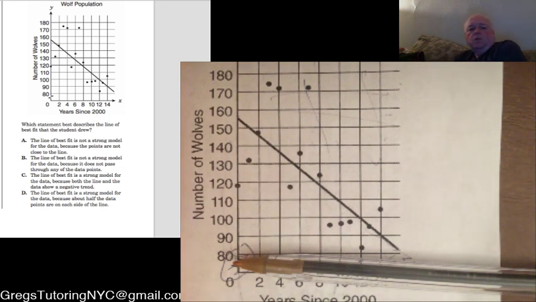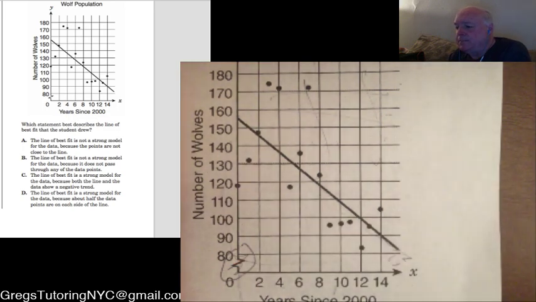Which statement best describes the line of best fit that the student drew? A. The line of best fit is not a strong model for the data because the points are not close to the line. So remember, we're shooting for best.